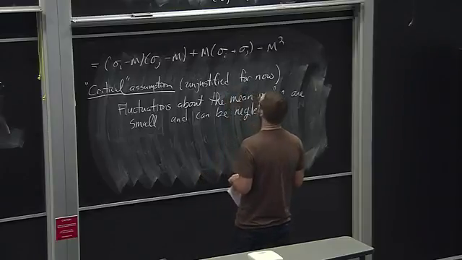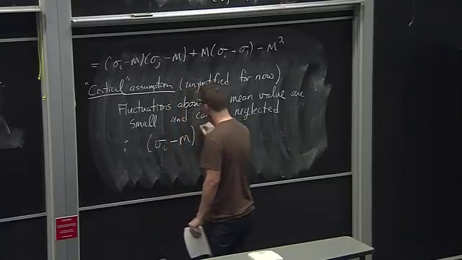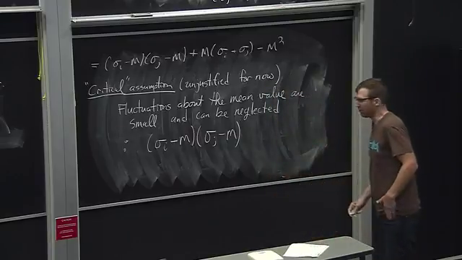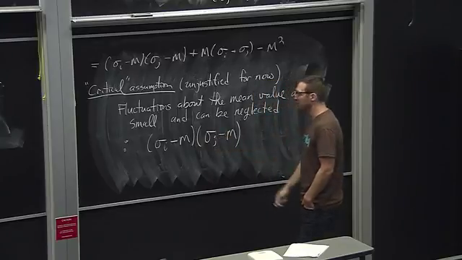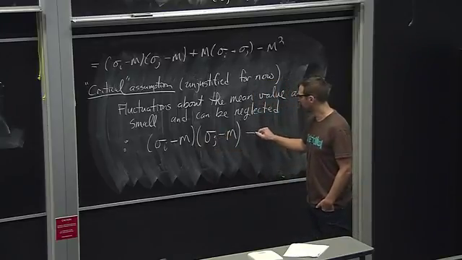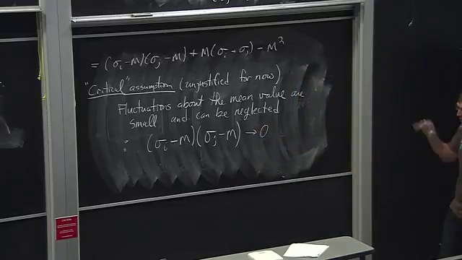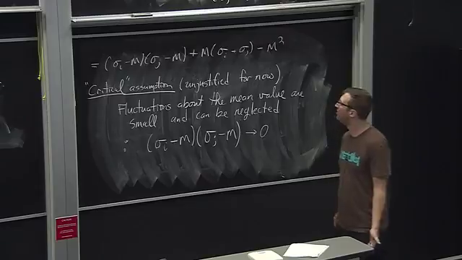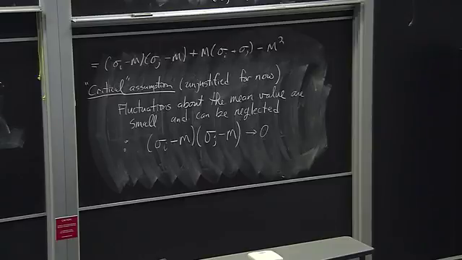And what that fluctuation term is, or the largest fluctuation term, is this product of differences between the variable and the average magnetization. So let's take this to 0. That's it. That's what defines mean field theory, is taking this term to 0. However you want to say it, there's many different ways to say it. That's what it is.